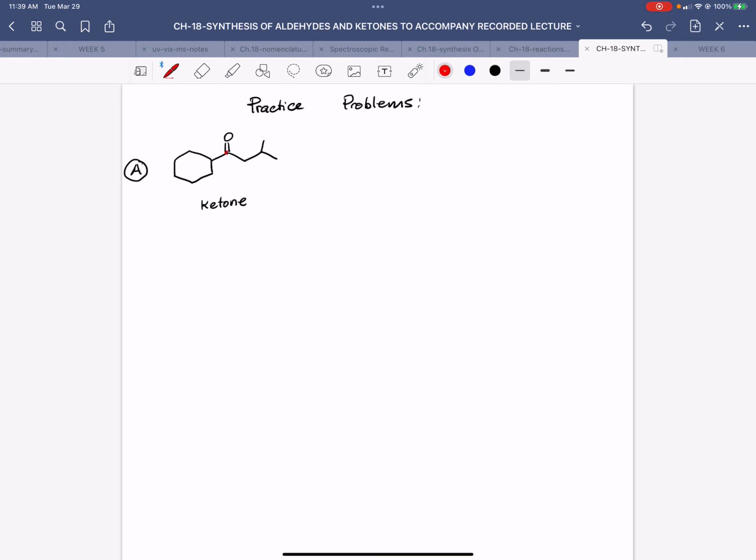Let's identify the reactive carbon, identify the surroundings of this carbon. On one side, I have a cyclohexyl substituent. On the other side, it's an isobutyl substituent. So if I want to make this compound from an alkene, let's try that.